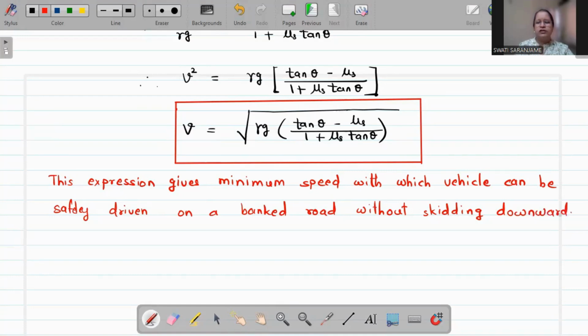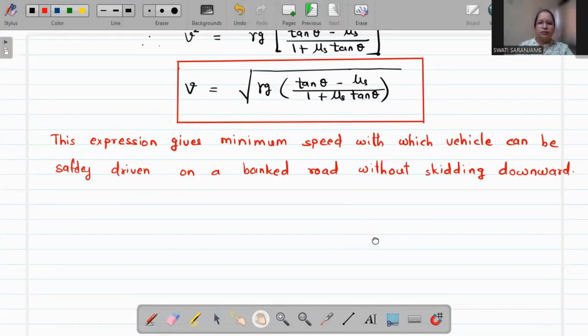Yes. So this is one of the important expressions, an important derivation you can say. Many times it is asked in the board exam.